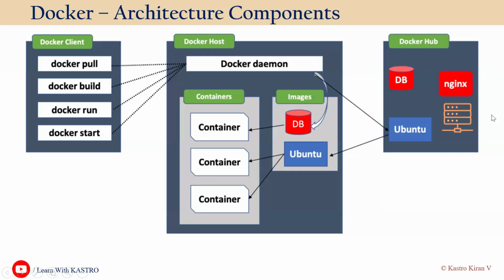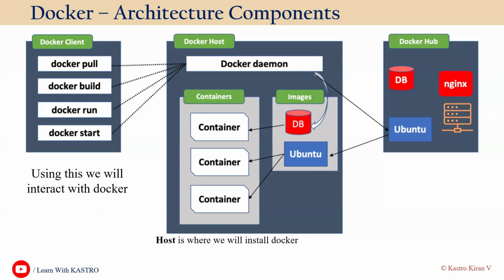So let's understand what actually the Docker client is. The Docker client is where we interact with Docker. By using the Docker client, we execute the Docker commands. Once you execute the Docker commands, you are directly interacting with the Docker host. The Docker host is the place where we are going to install Docker.